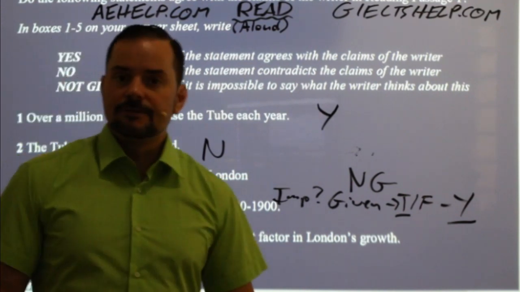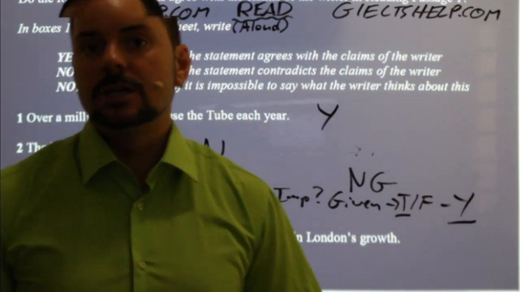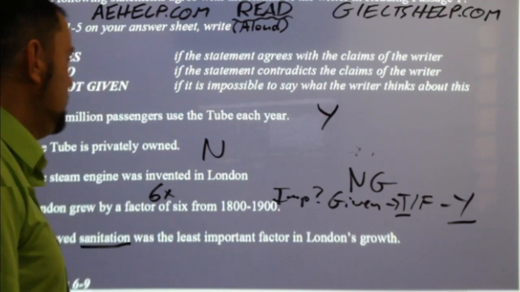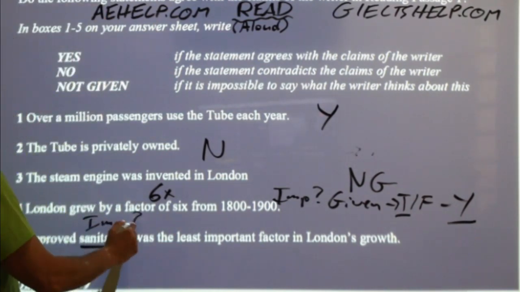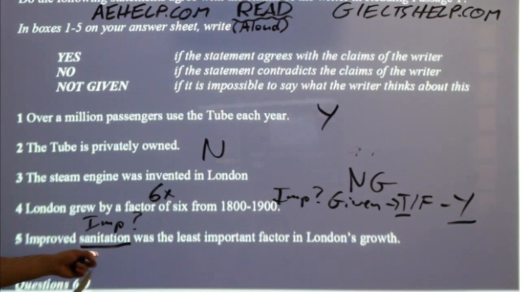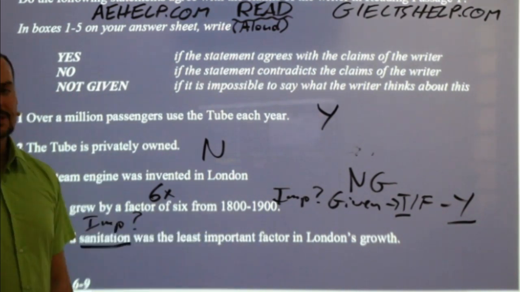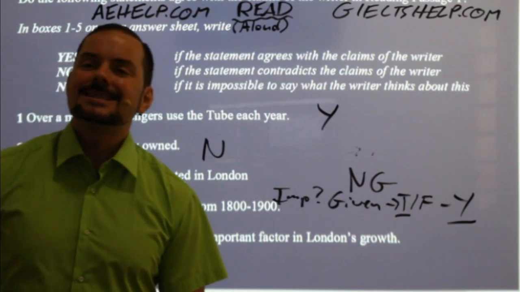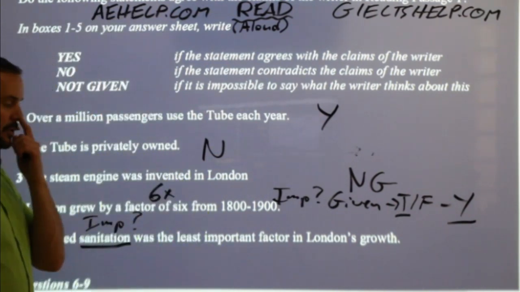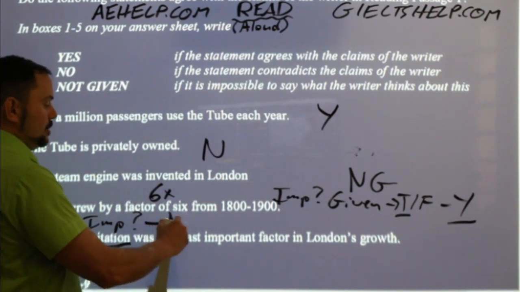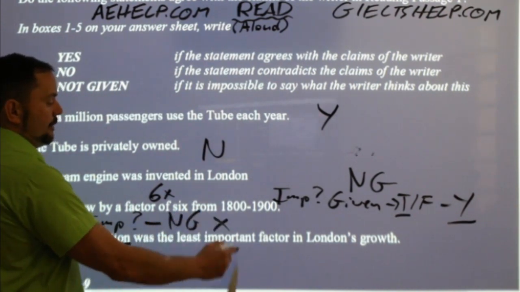So the water from the toilet, from the washing machine, where does it go? Is it important? Is this important? Improved sanitation was, it doesn't seem important. So if you are having difficulty with time here, I would go not given, and then you'd get it wrong, okay?